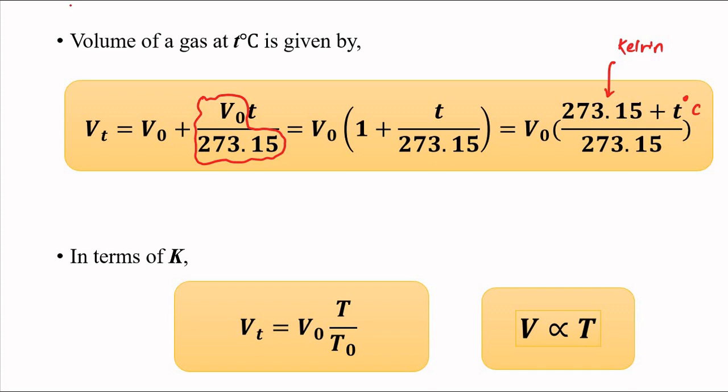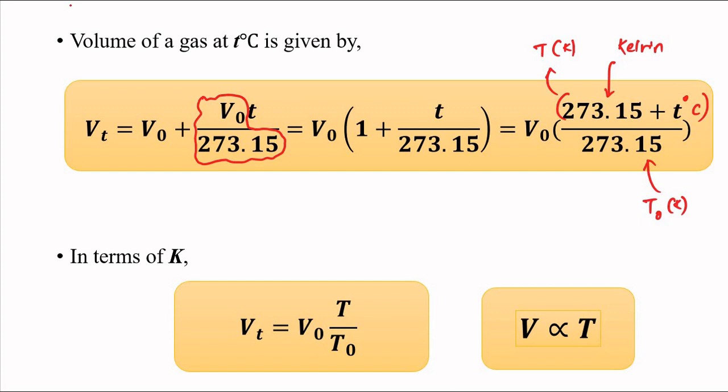So in terms of Kelvin, Vt is equal to V0 into the temperature in Kelvin T over the temperature at 0 degree Celsius in Kelvin, 273.15. So this becomes V0 into T by T0.